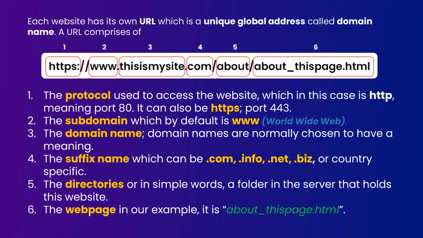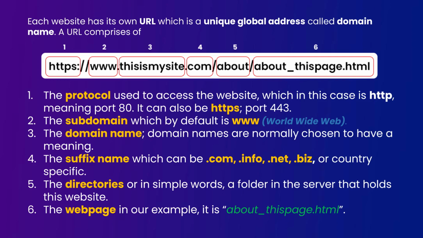And then the domain name, the third, is normally chosen to have meaning, whatever you want to name your website, like this is my website. And then the fourth is the suffix name, which can be .com.